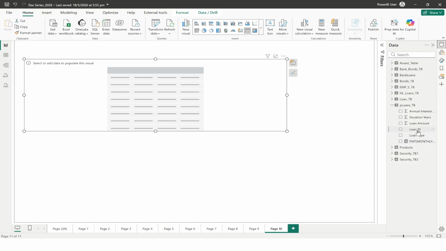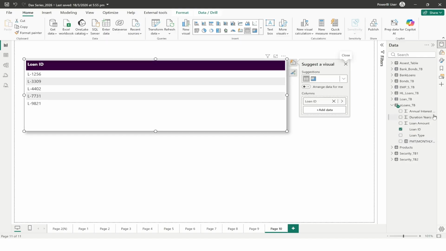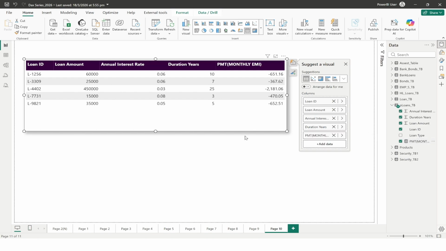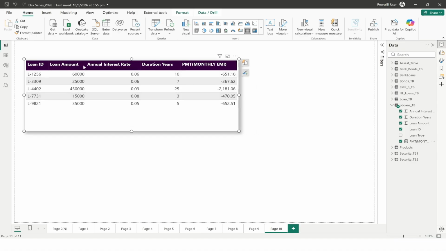Now what I'll do, let me drag loan ID. So loan amount, annual interest rate and duration. Okay, fine. Now let me drag payment type. The moment I drag payment type, now we are seeing monthly EMI.